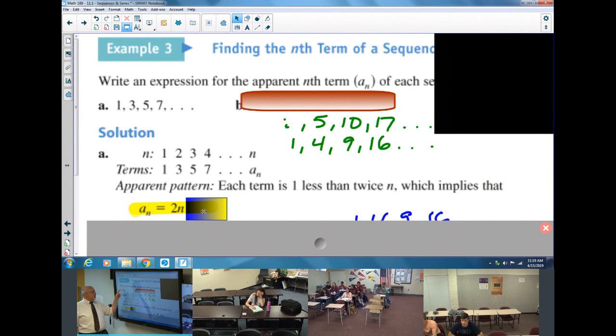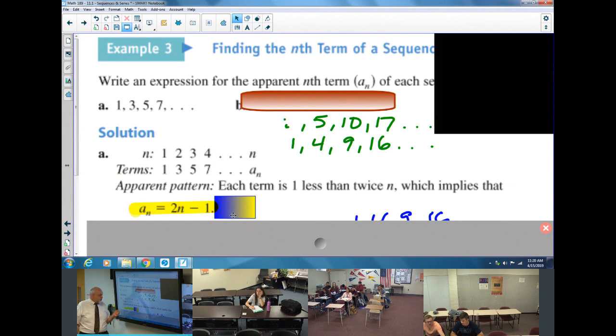But the first number is not 2, it's 1. So we subtract 1. When n is 1, we get 2 minus 1, which is 1. When n is 2, 2 times 2 is 4 minus 1, which is 3. When n is 3, 2 times 3 is 6 minus 1 is 5.